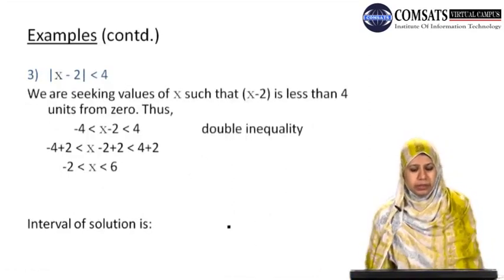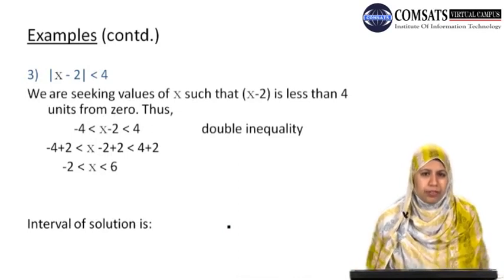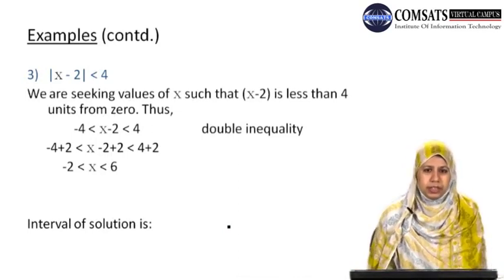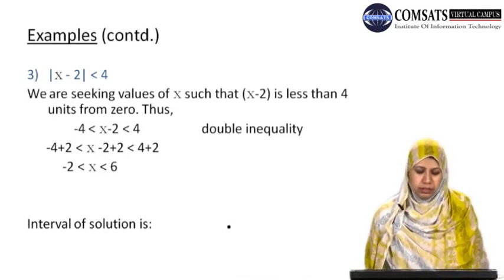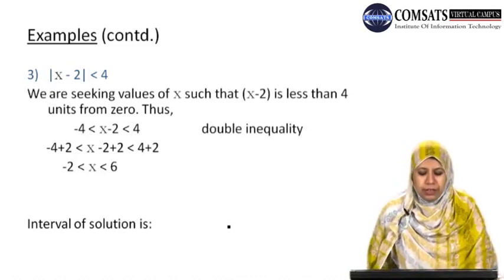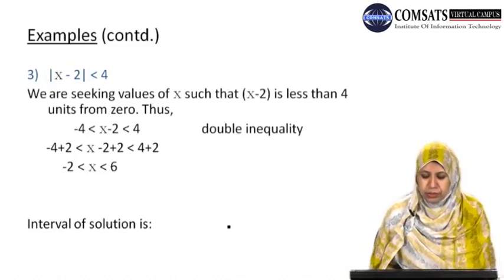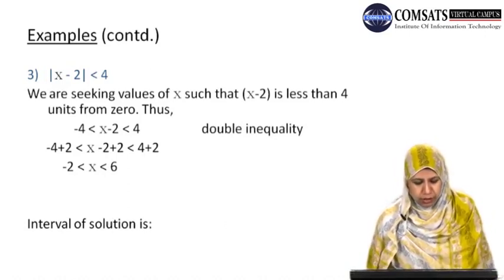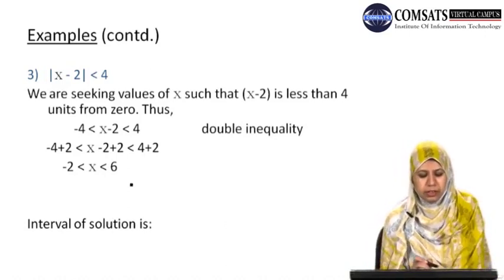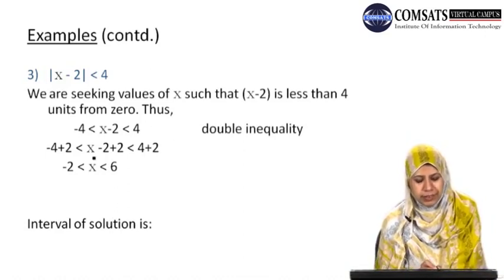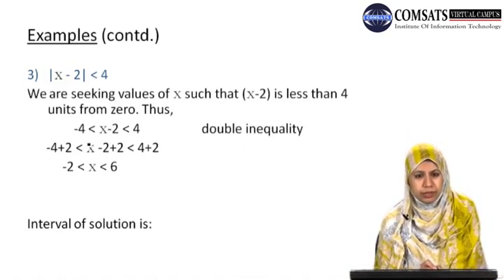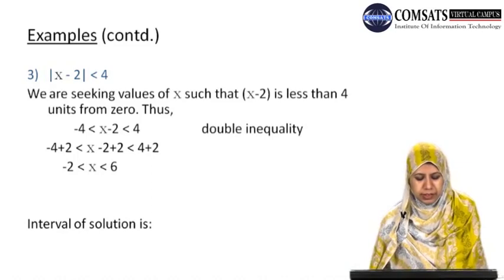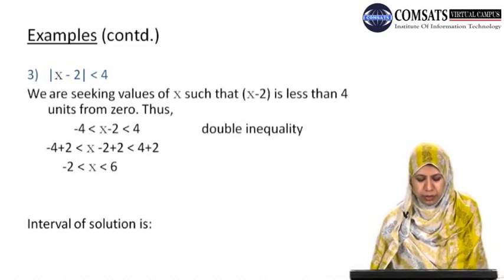Consider another example. When we have absolute value of x minus 2 is less than 4, we want to find the values of x such that x minus 2 is strictly less than 4 units from 0. So what do we obtain? The two possibilities combine as minus 4 is less than x minus 2 is less than 4.